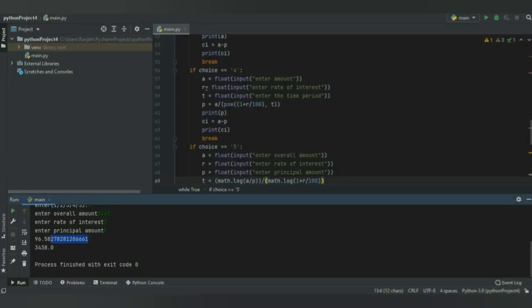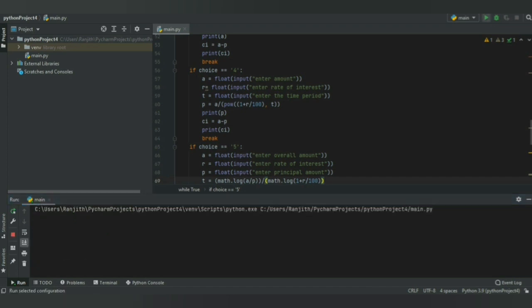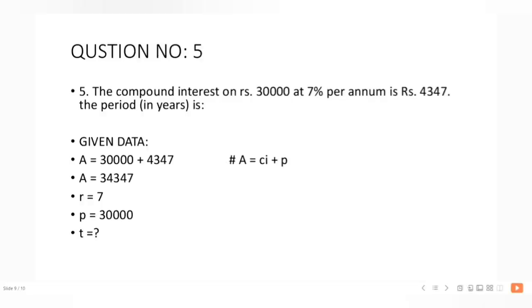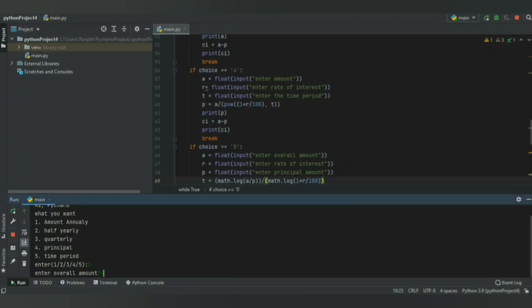Okay, something wrong. Run again. Fifth one. Enter overall amount 34,347 and interest is 7. Principal amount is 30,000 and number of years is 1.9 something. So overall, 2 years.